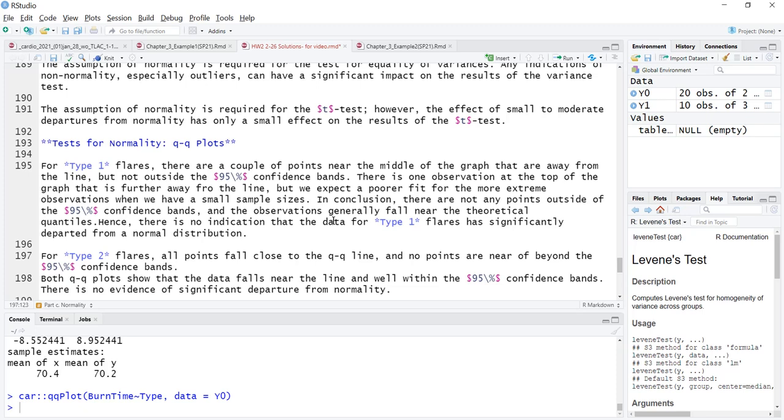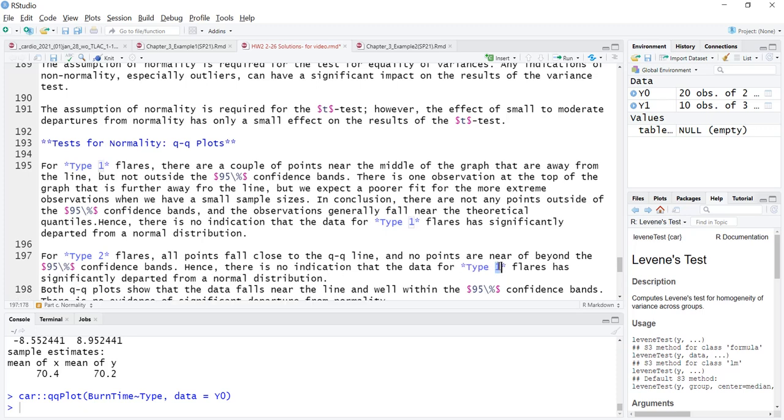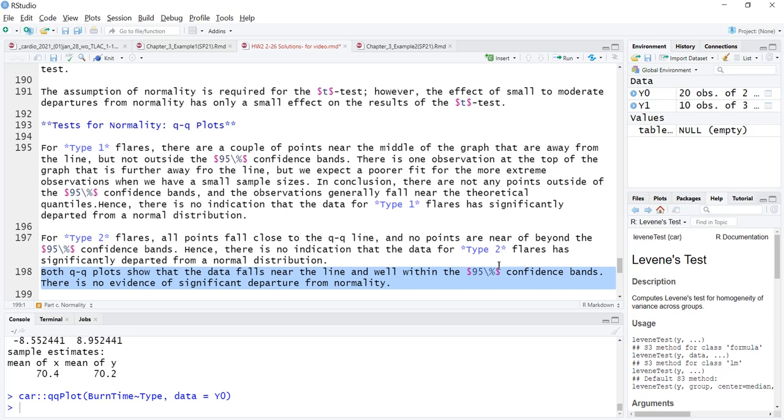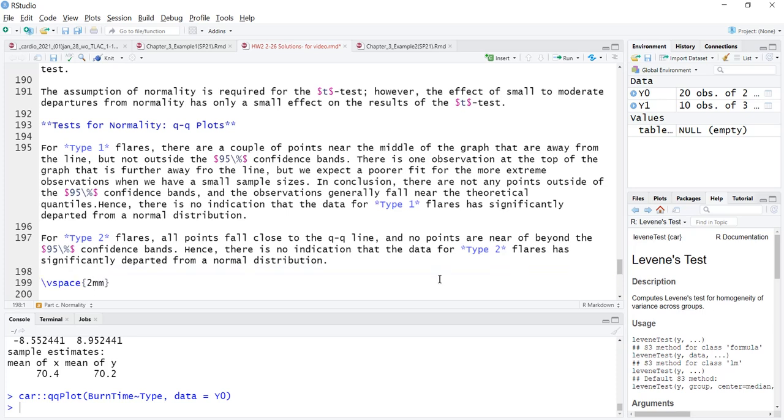Okay. Hence, there is no indication that the data for type 2 flares has significantly departed from normality, from a normal distribution.